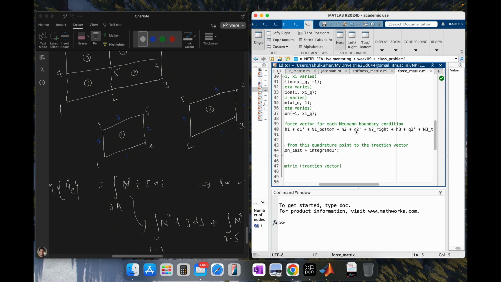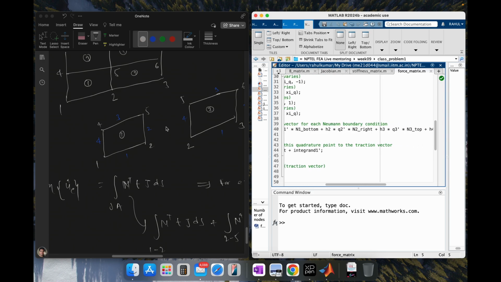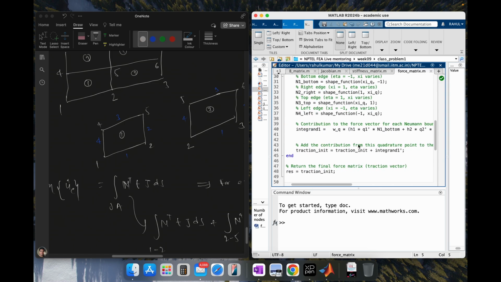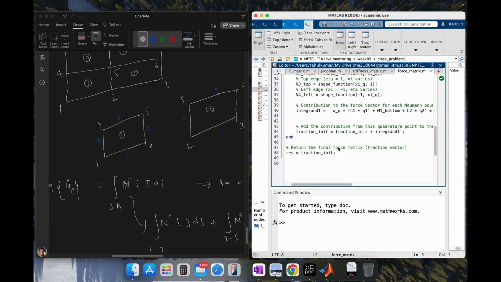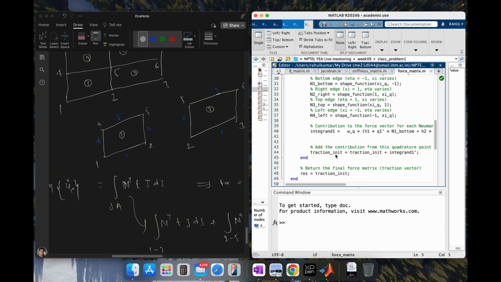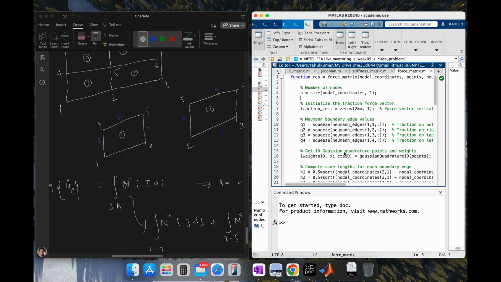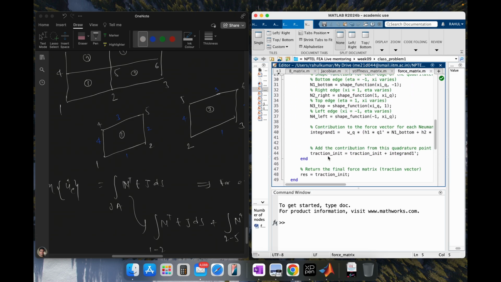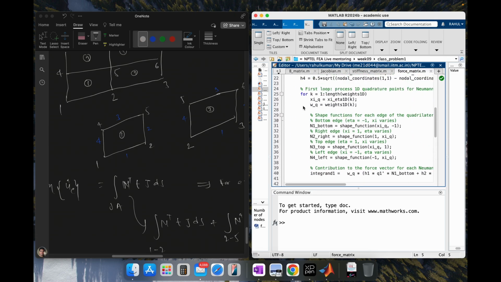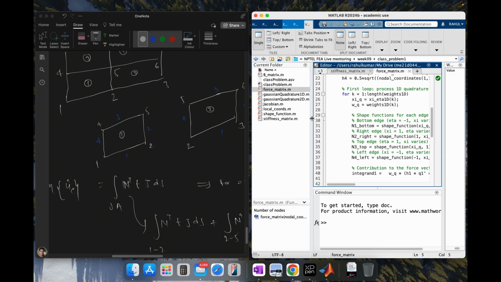And here it will be for edge number 2, and this thing is for edge number 3, and this thing for edge number 4. Okay, and then it will be added into the traction initial matrix. Okay, and for each element it will run the loop. Okay, so this is all about the force matrix. Now let's see the driver code.